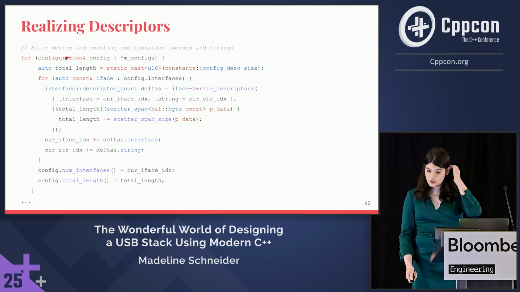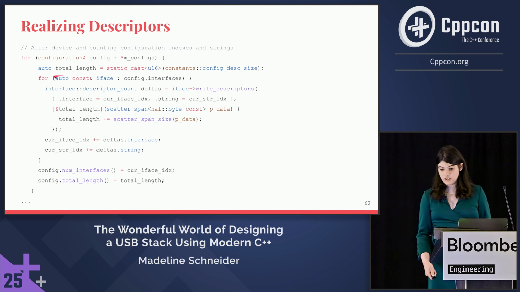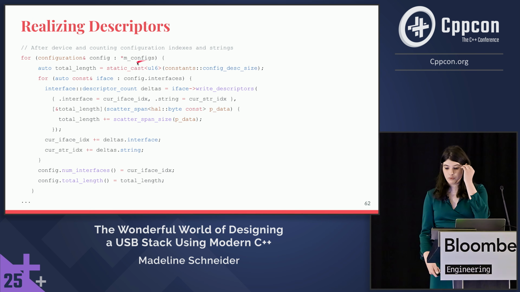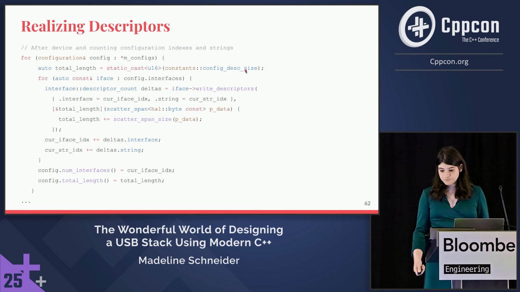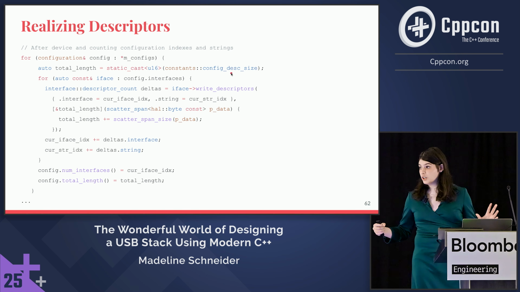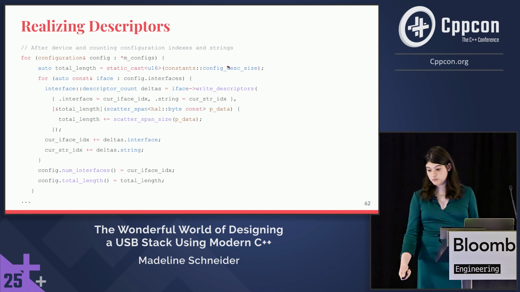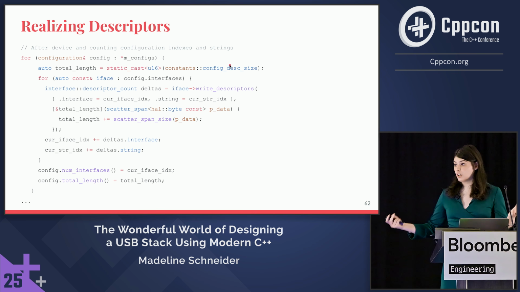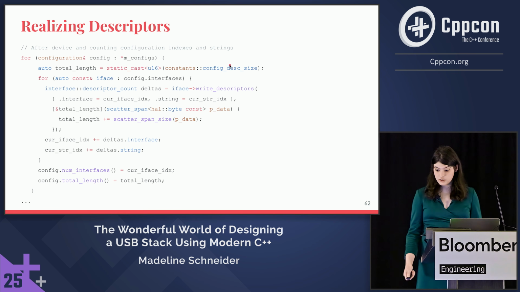So you can see we're going to iterate over every configuration. We're going to say, okay, we need to calculate total length as well. Okay, so let's calculate total length. We know that total length is going to start with 9. That's what this constant resolves to, because that's how large a configuration descriptor is.